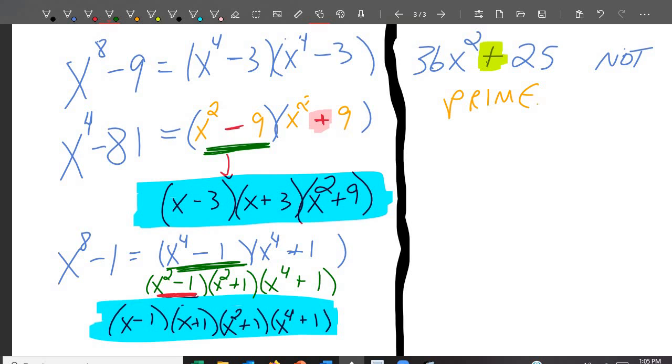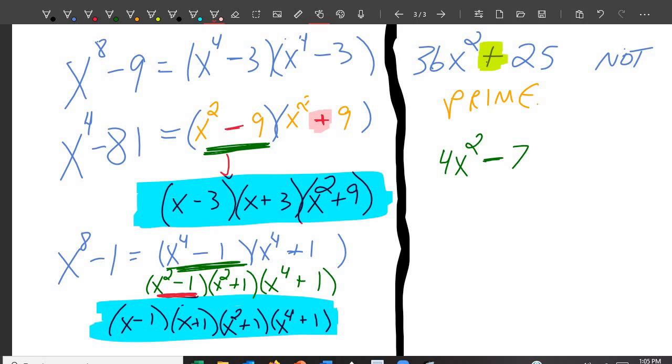There's another one that some people might think would be a difference of 2 squares. Let's say I have 4x squared minus, so I don't know, let's do 7. Now, some people, they'll see the minus, hey, that's good. They'll see the x squared, that's good. And they'll see the 4, and they'll say, oh, that's 2 times 2, so I can factor this one.